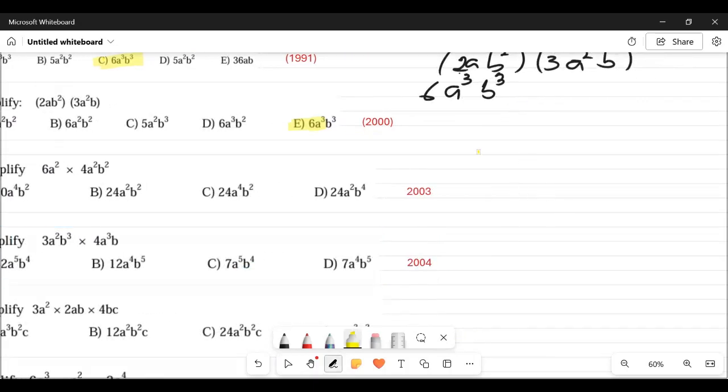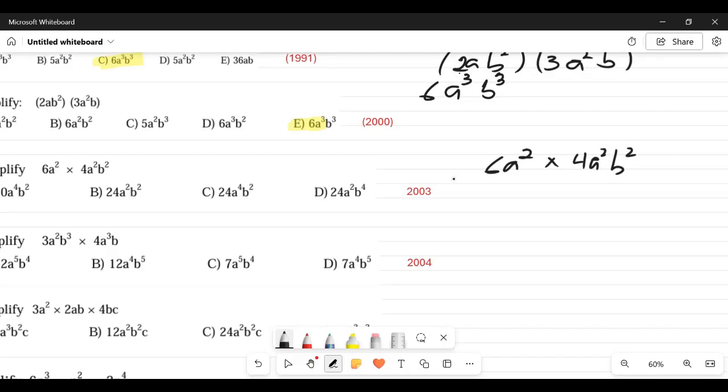In this question, I have to change my ink. In this question, we have 6a squared times 4a squared b squared. So the same idea. 6 times 4 is going to be 24. And then a squared times a squared is going to be a exponent 4.